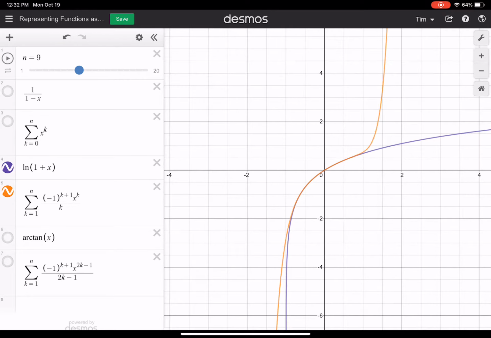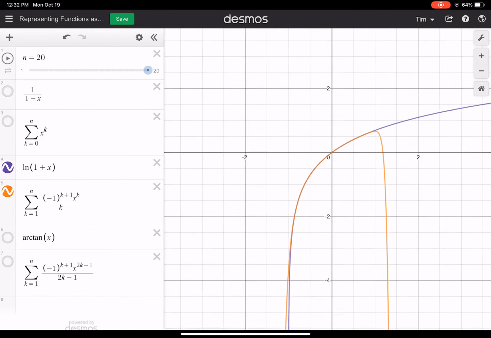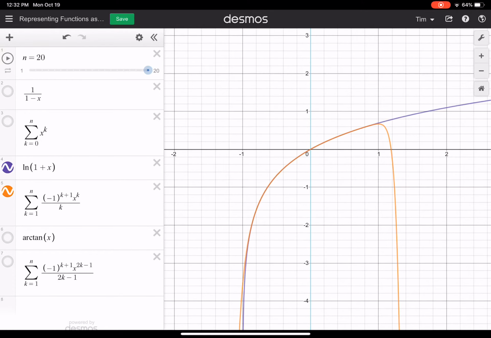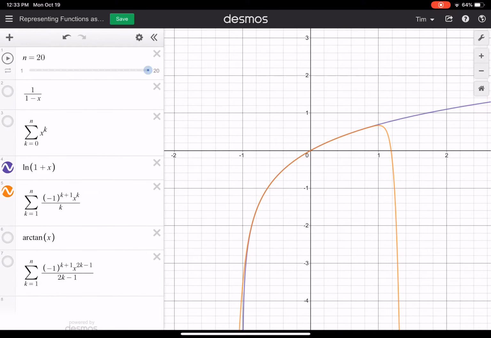I keep adding terms, and I want you to notice that this series does converge to natural log of 1 plus x, but only between minus 1 and 1. Nowhere else. If you look at x beyond 1, it does not converge to natural log of 1 plus x.